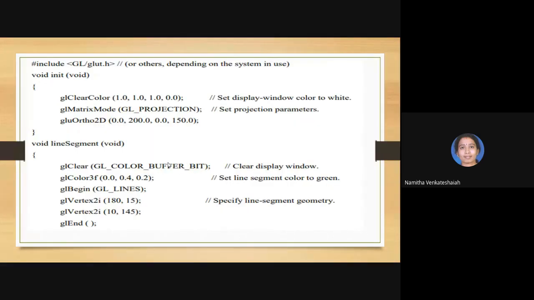So could you understand whatever there is in line segment, students? We did three important things in the line segment. Line segment is a display function. It is, in general, called a display function because it will display the object. First it is clearing the window, and then it is deciding the color of the object, that is the color of the line, and then it is drawing the line, and then it is doing GL flush, that is forcing the OpenGL functions to happen fast.